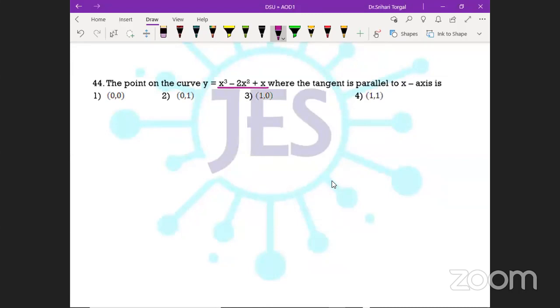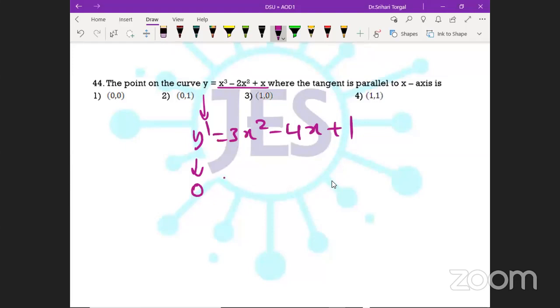Where the tangent is parallel to x-axis, you have to draw a tangent for this curve where tangent is parallel to x-axis. For that, you need to differentiate this. You put y dash is equal to 0, because tangent parallel to x-axis, that derivative will be 0.